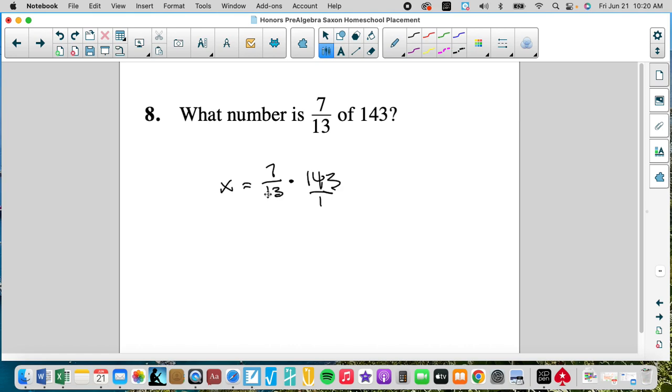Yeah, 13. 13 goes into 13 once. 13 goes into 143 11 times. And now we've simplified everything. So we get x equals 7 times 11 is 77. 1 times 1 is 1, and we just leave it as 77. So that number is 77. So if we wanted to take 7/13 of 143, we would get 77.